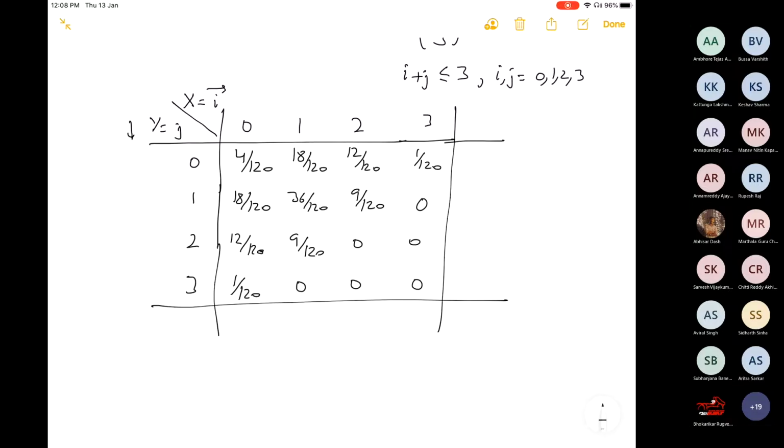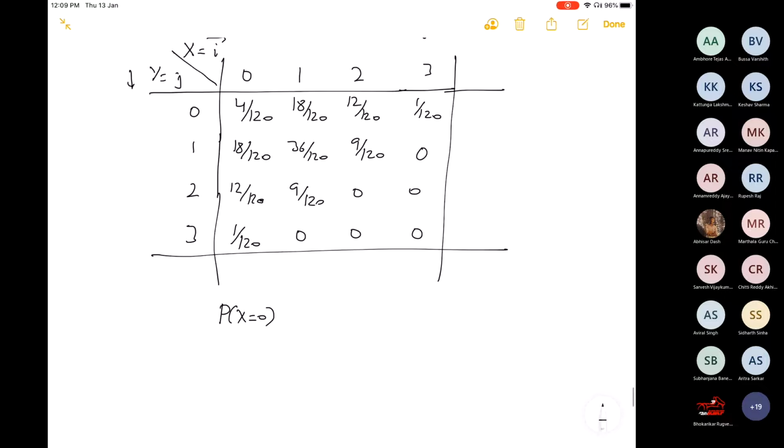Now, if I want to find the probability that X is equal to 0, then using the theorem of total probability, this is the summation over j of the probability X is equal to i, Y is equal to j.